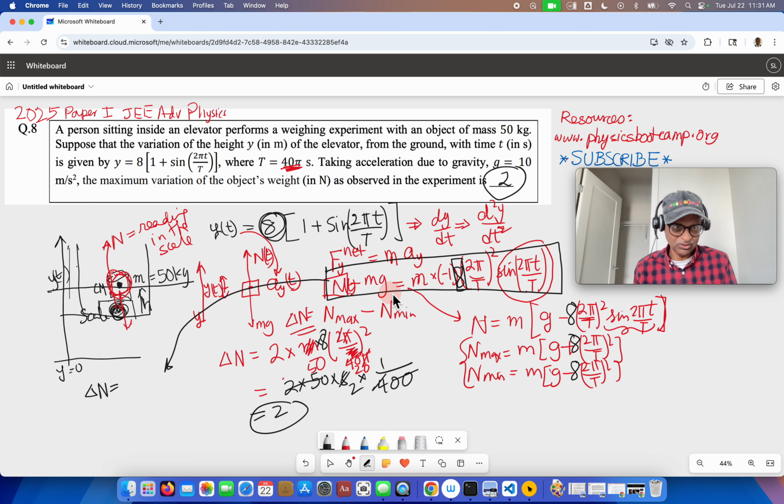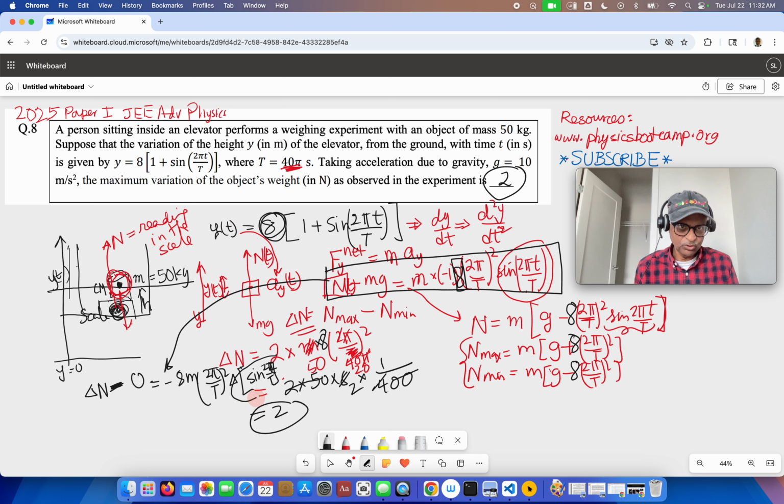So delta N will be, hit it with delta, anything not changing with time you just make it 0, and this will be minus 8m (2π/T)² delta of sine(2πt/T).